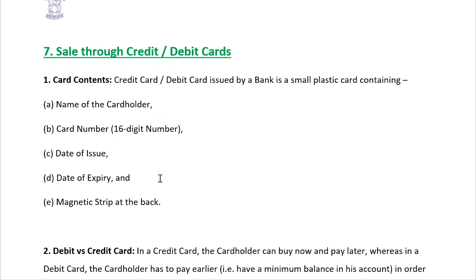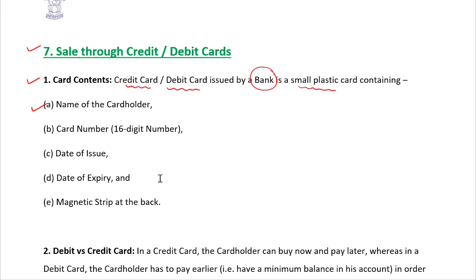Let us continue and see sale through credit or debit cards. Let us see the card contents. So we have credit card and debit card issued by a bank in small plastic, and I think all of you must be knowing about it.